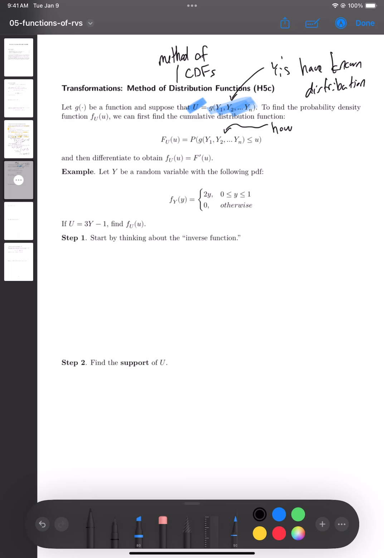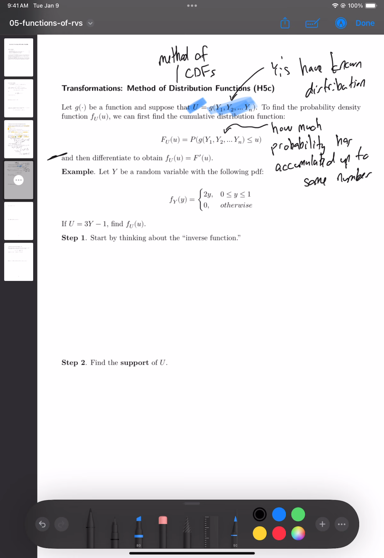It's been a little while since we've seen CDFs, but we're thinking about how much probability has accumulated up to some number. Once we figure out the CDF of u, we're just going to differentiate that to get the density function of u. And so that's this last step here, is just a differentiation.